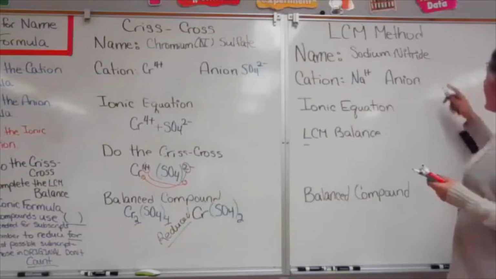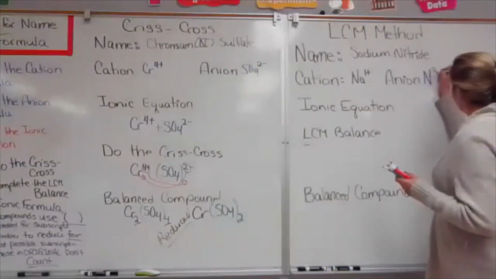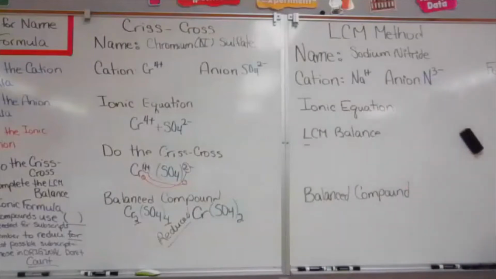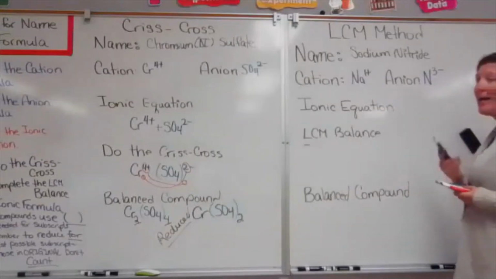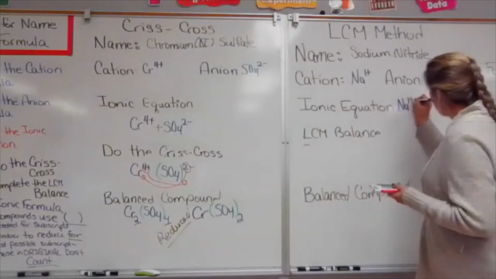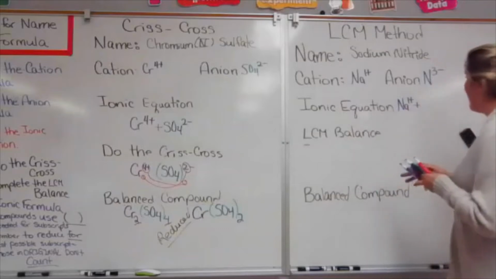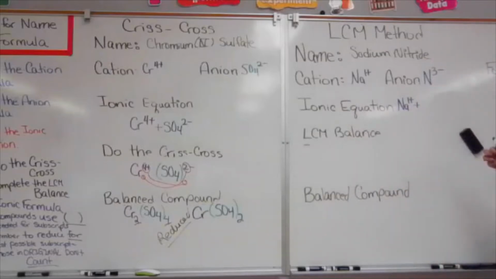So we can write this anion as N3-. For the ionic equation, we just always write that to remember that we're adding things together. So we're doing Na1+ plus N3-.